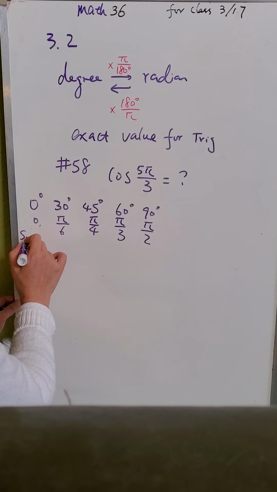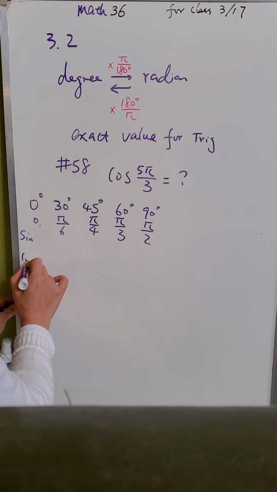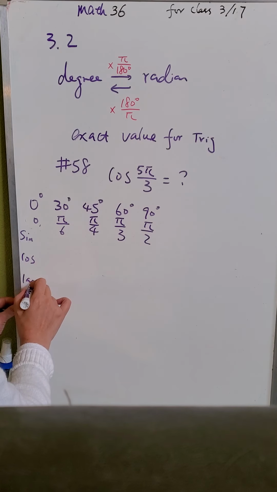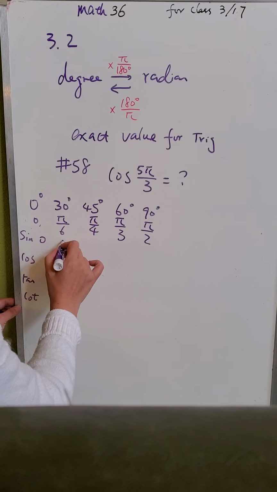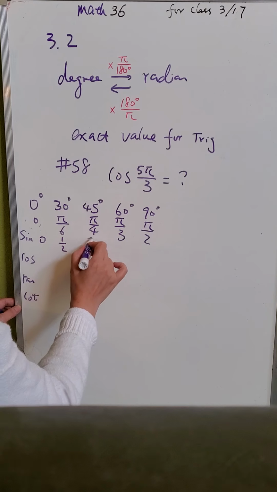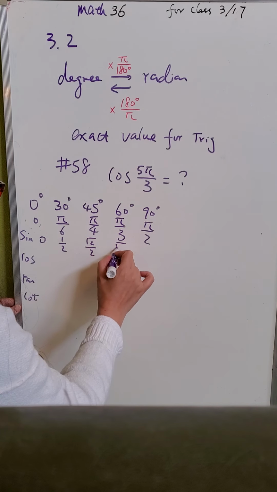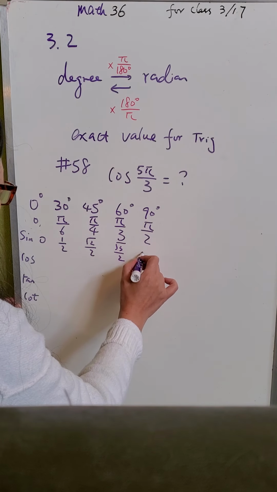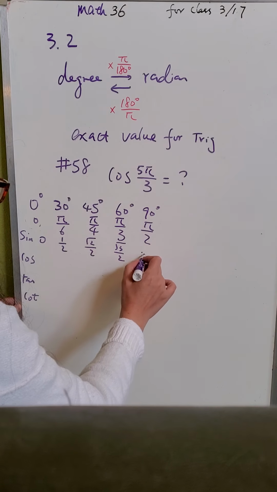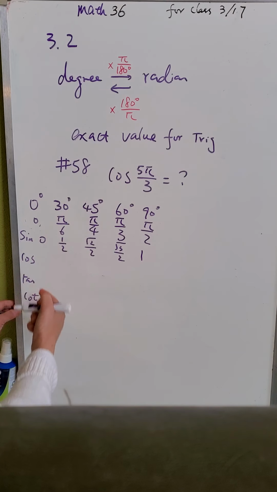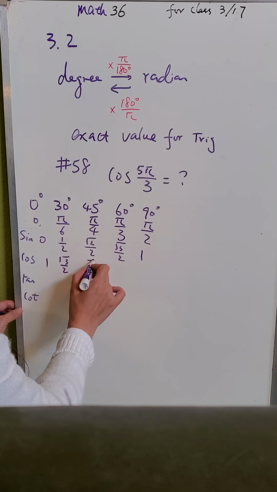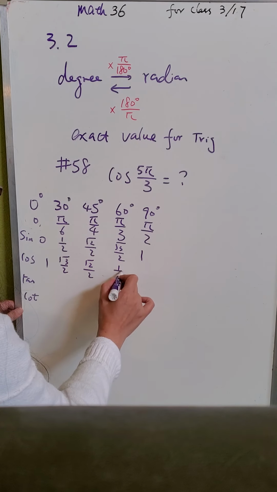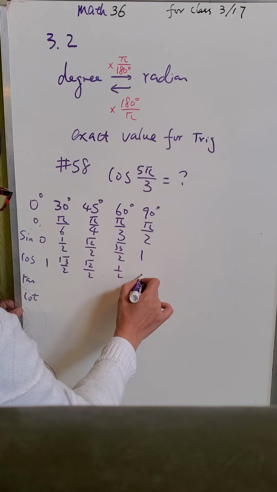So first we have sine, cosine, and then tangent and cotangent. Sine is 0, 1 over 2, square root 2 over 2, square root 3 over 2, and then square root 4 over 2, so that's a 1. The cosine goes the opposite: 1, square root 3 over 2, square root 2 over 2, 1/2, and then 0.